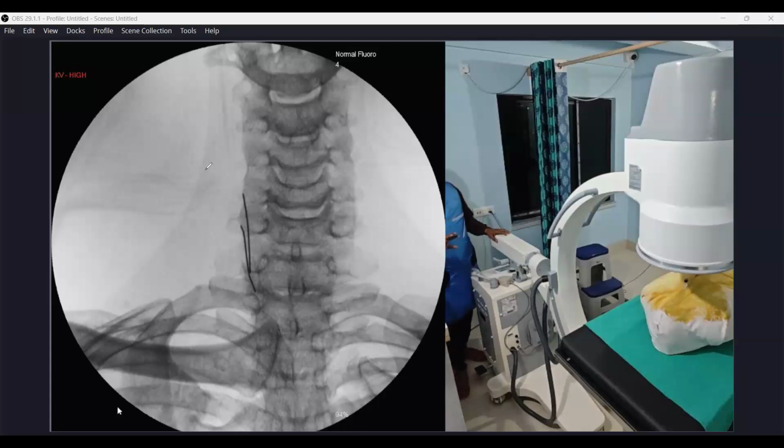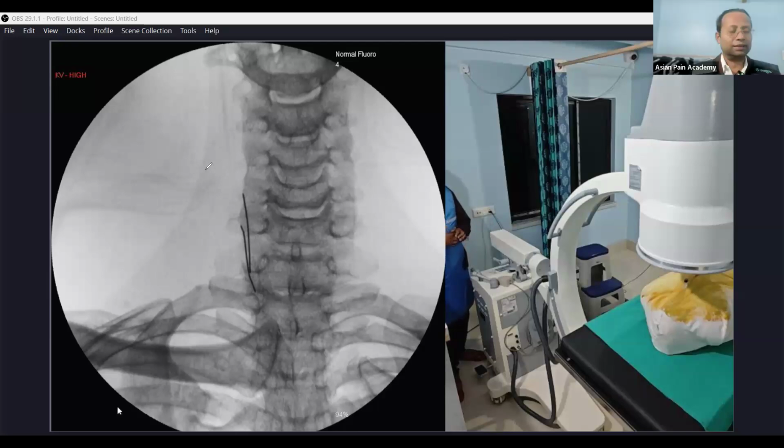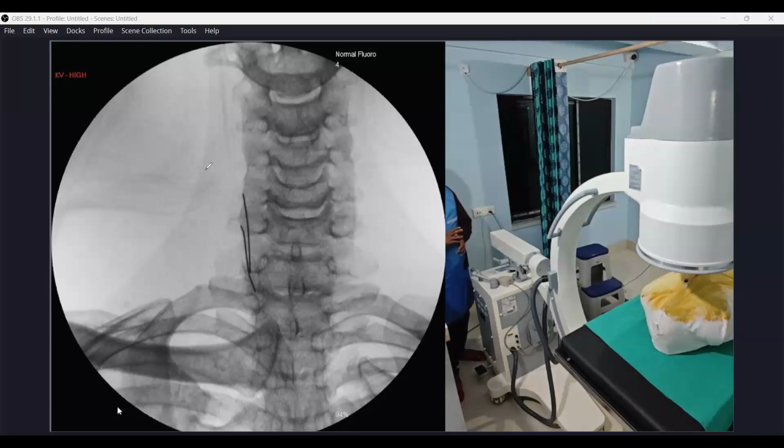The C5, 6 facet joint will take a branch from above, sorry, from C7 will supply the same. Each medial branch supplies the same level and one level above. Yes, that is okay.